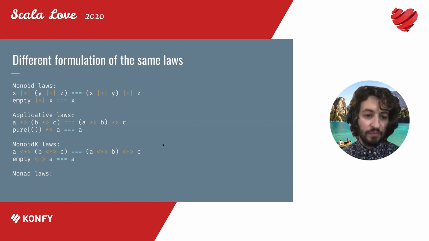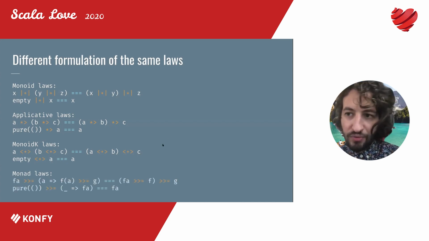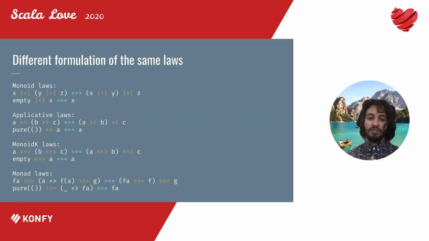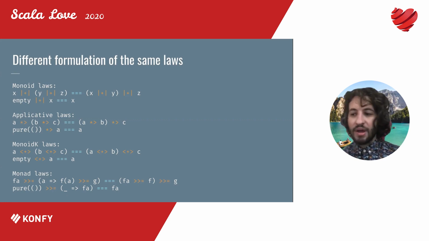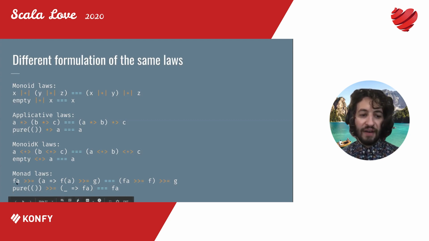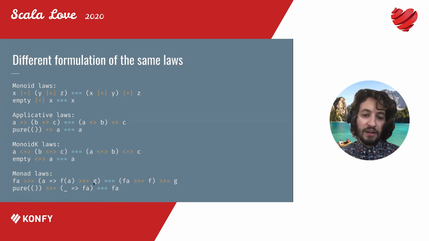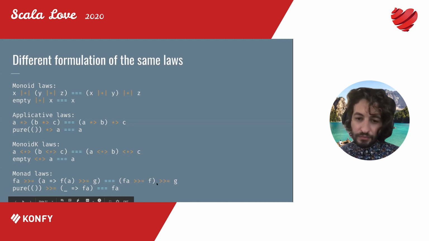And the same does indeed apply to monads. It just looks a little different because the types in play are different. But a monad is just a different flavor of monoid, where you have this function. So if you do FA flatMap A to F of A, flatMap G, and if you move the parentheses around and first do this FA to F flatMap like this, those have to be the same, and that's just associativity.